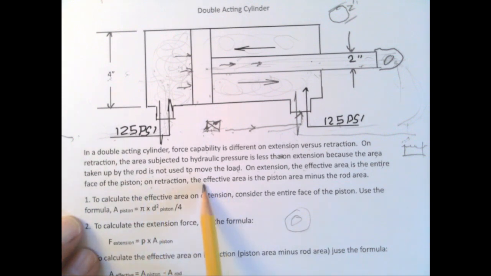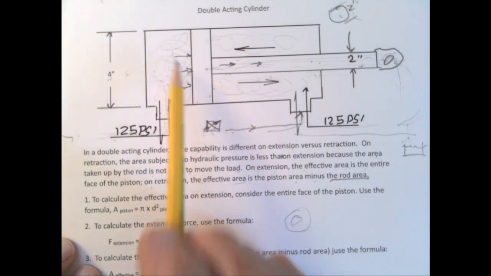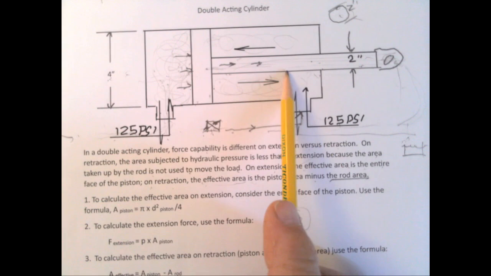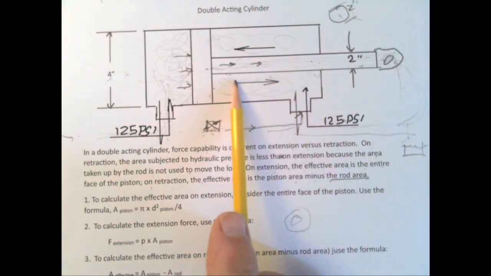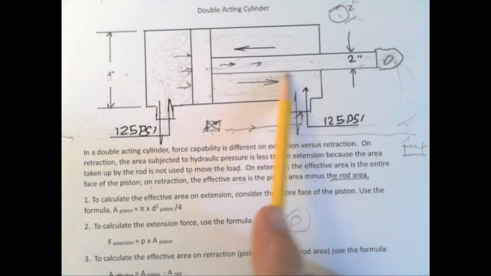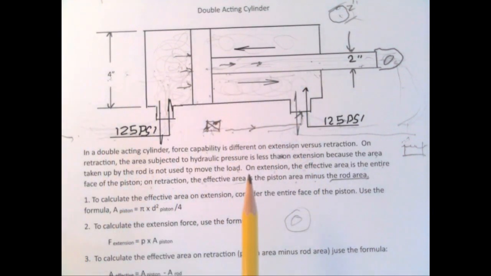On retraction, the effective area is the piston area minus the rod area. You don't get access like you do over here to as much surface area. So you're going to have different forces with the same PSI coming this way. You will not have as much force as you would with the same pressure coming this way.